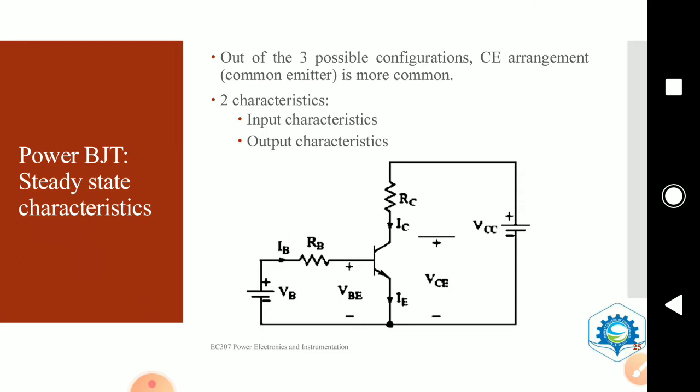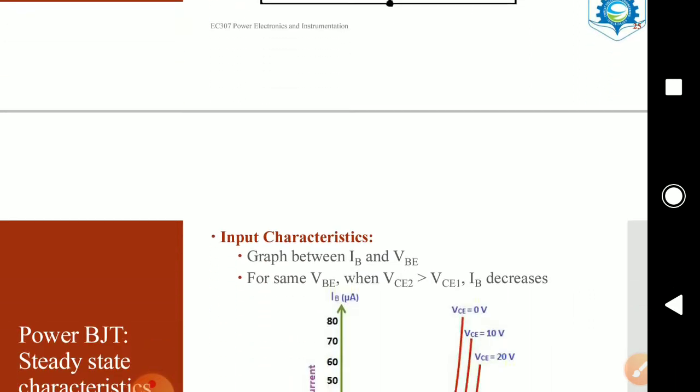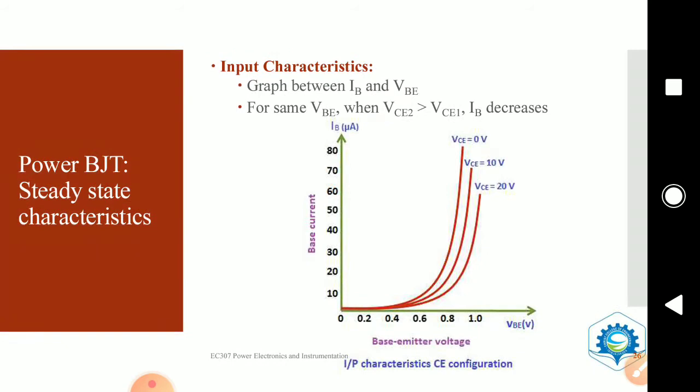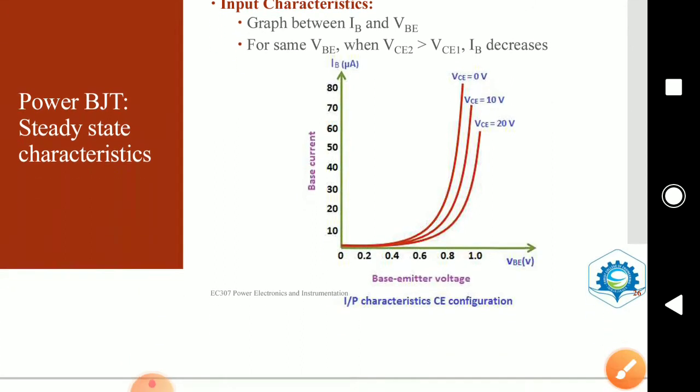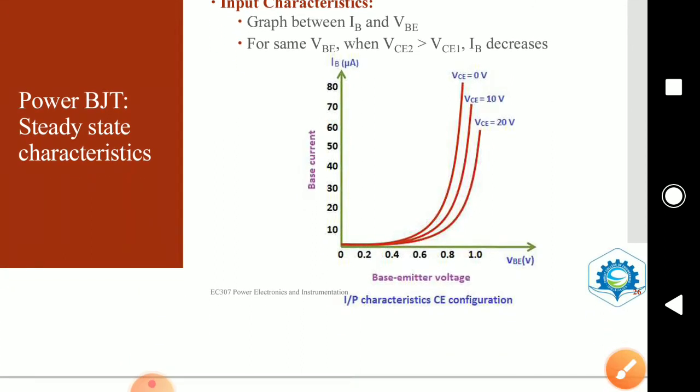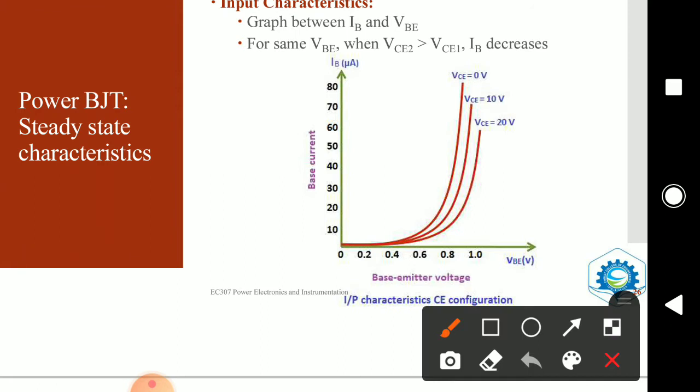Now, moving on to the input characteristics, it is a graph plotted between the base current and the voltage VBE, or base emitter voltage. You can see over here that for the same base emitter voltage, when the base current is decreased, the collector emitter voltage will increase.